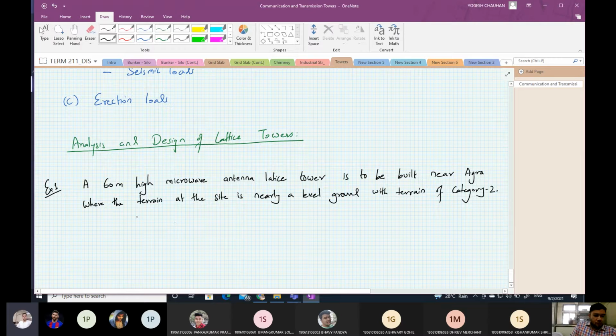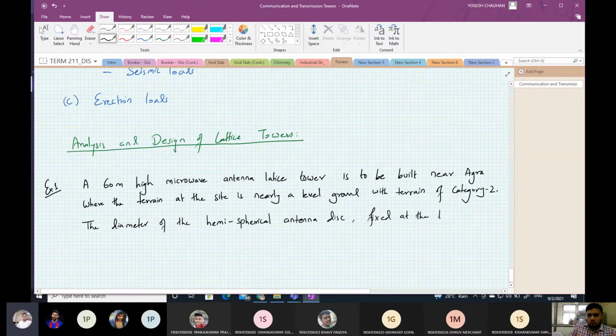The diameter of the hemispherical antenna disk fixed at the top is 3 meters.